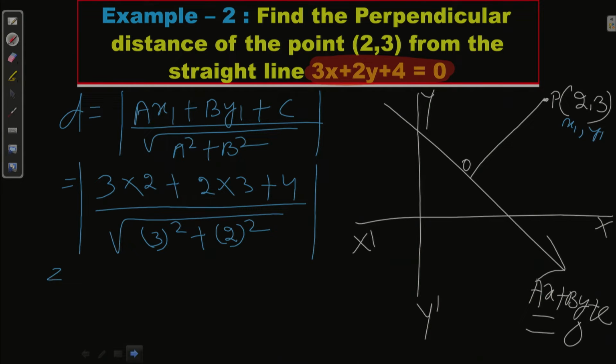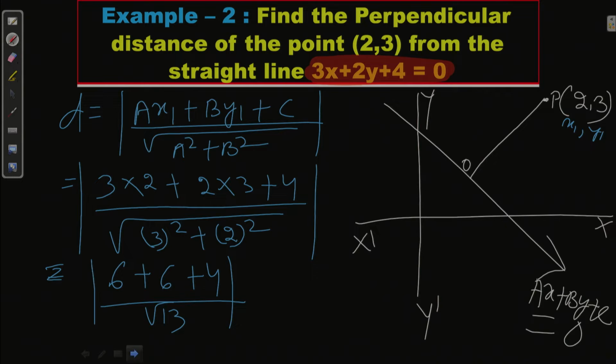So I can write the distance equal to 3 into 2, that is 6, plus 2 into 3, that is also 6, plus 4, divided by the square root of 3 squared, 9, plus 4, that is 13, the whole modulus.